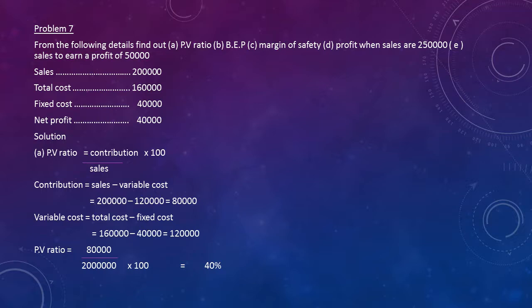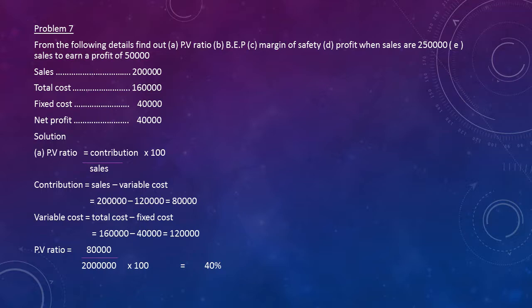This is problem 7. From the following details, find out, I think, 5 things you have to calculate. First one, PV ratio, then break-even point, then margin of safety, thereafter profit when sales are 2,50,000, then sales to earn a profit of 50,000.